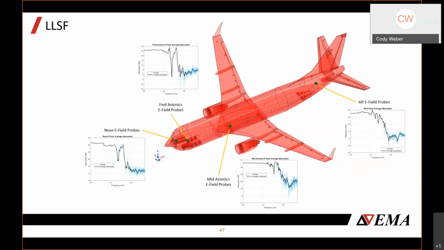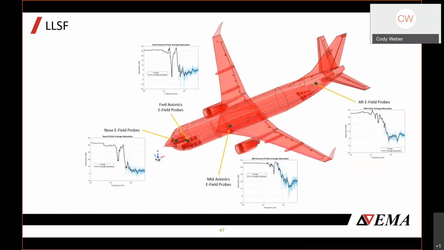So as I talked about before, it's important to do the spatial consideration. If you're using just a single point, you're liable to get a max or a min. It could be representative of the average, but if you're trying to compare to testing, it's important to do that sort of average spatial box probe that we use here. And just as it is done for the cables, a lot of probes can be added here.